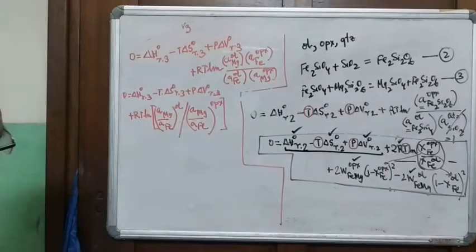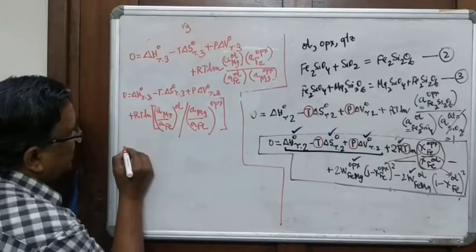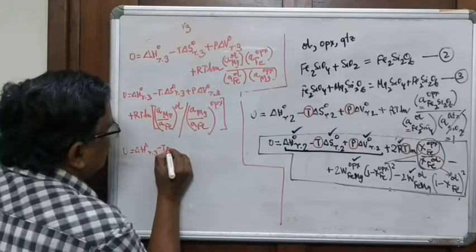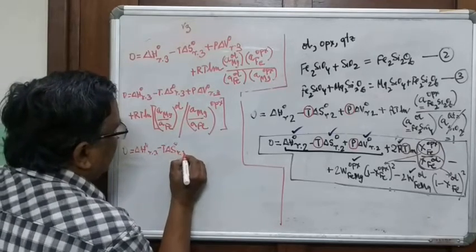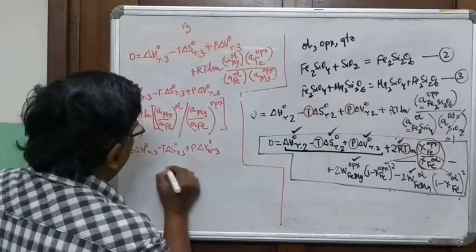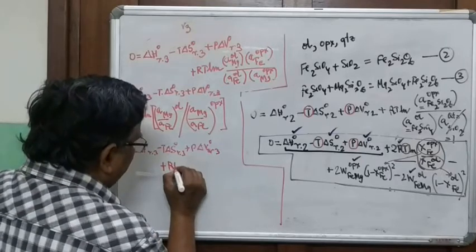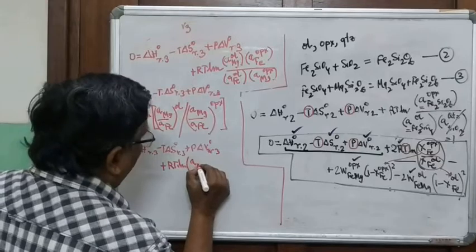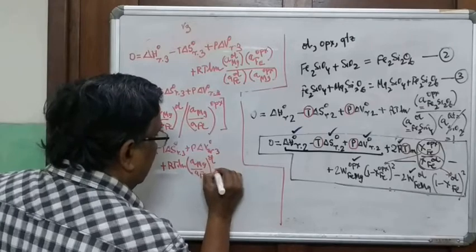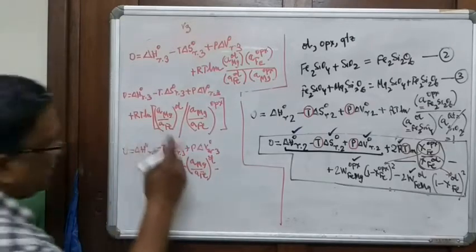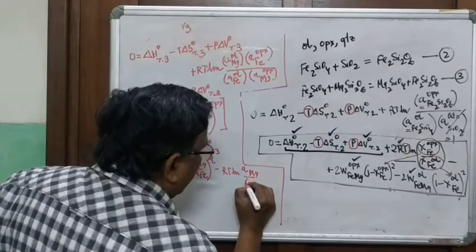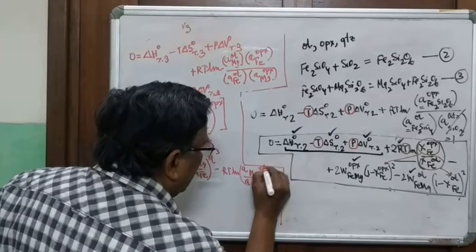Have you understood? So what you will have from here is 0 is equal to delta H0 R3 minus T delta S0 R3 plus P into delta V0 R3 plus RT ln activity of Mg by activity of Fe in olivine minus RT ln activity of Mg by activity of Fe in OPX.